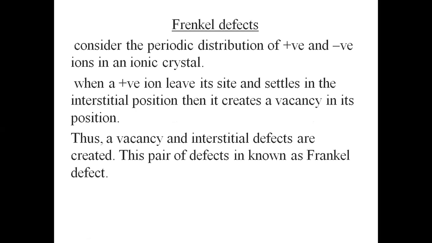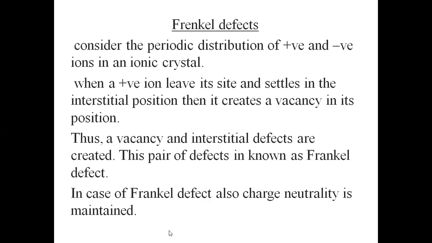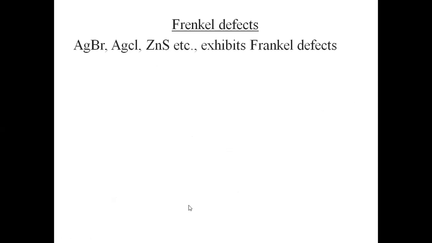When a positive ion leaves its site and settles in an interstitial position, it creates a vacancy in its position. Thus the vacancy and interstitial defects are created. This pair of defects is known as a Frenkel defect. In the case of a Frenkel defect also, charge neutrality is maintained.